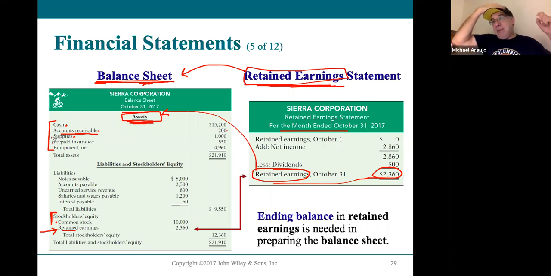Now remember, income statements are done on a monthly basis. And so every month they'll look at their insurance policy and say, okay, did we use up any of our insurance this month? If the answer is yes, we've used up this much insurance this month, that's what you'll see on the income statement as insurance expense. The amount of prepaid insurance that has been used.